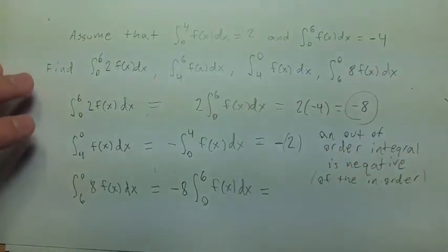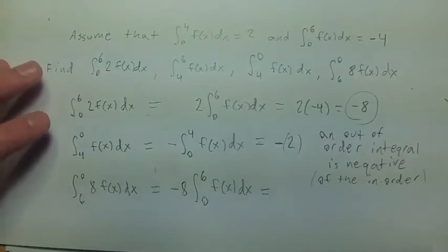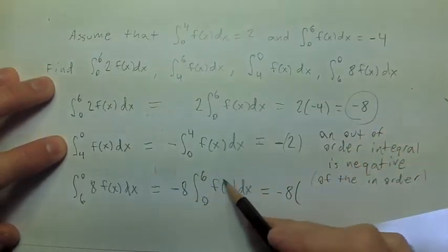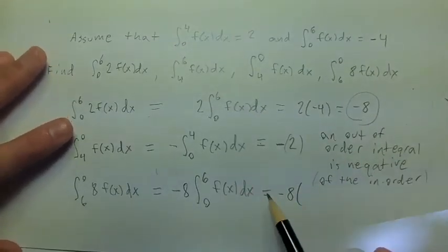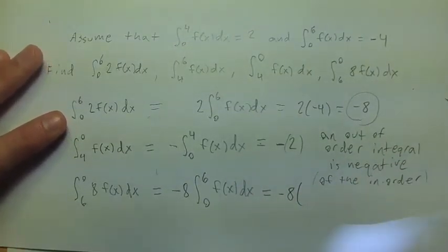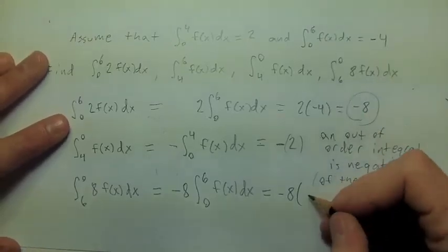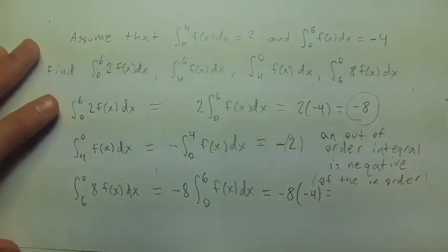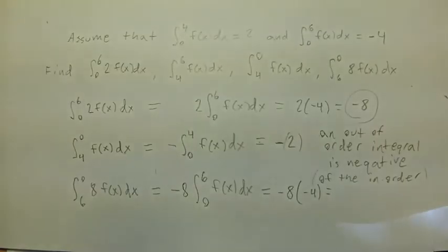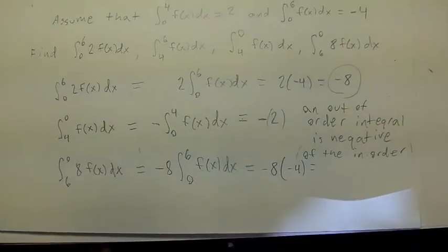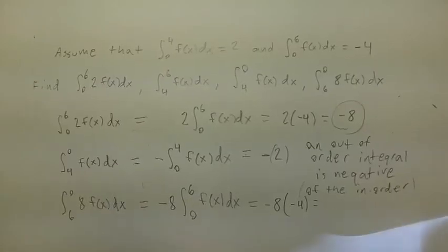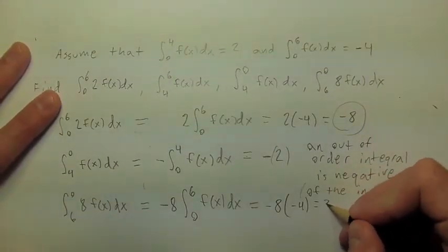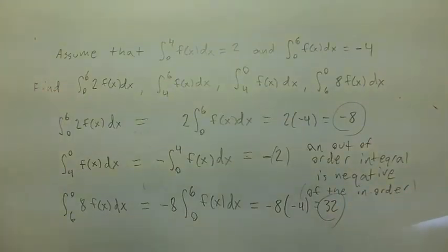And so that's just going to be negative 8 times, and what was the integral from 0 to 6? That was negative 4. Oh, sorry about that. Camera issues. I don't know what happened there. It just kind of shut off for some reason. Anyway, which is 32. Sorry about that.